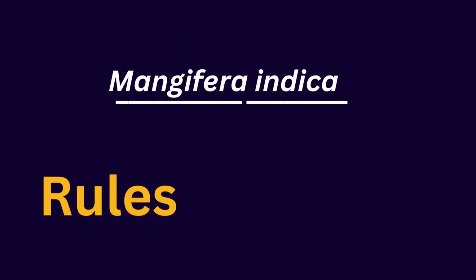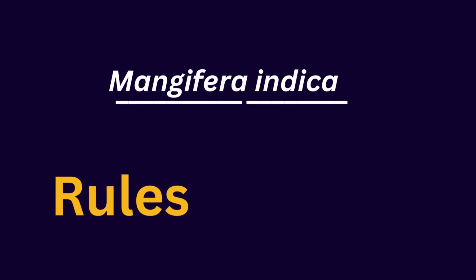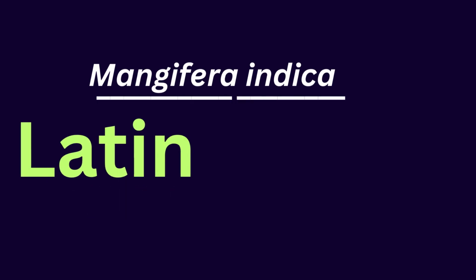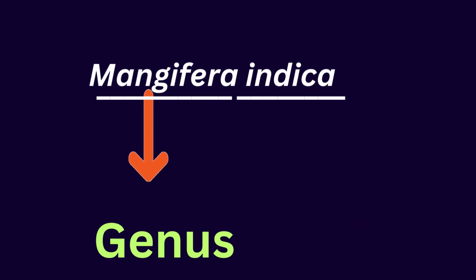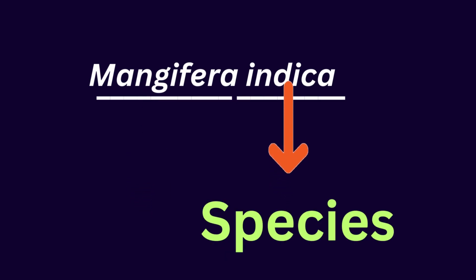Other universal rules of nomenclature are as follows. First, biological names are generally in Latin and written in italics. They are Latinized or derived from Latin irrespective of their origin. Second, the first word in a biological name represents the genus, while the second component denotes the specific epithet.